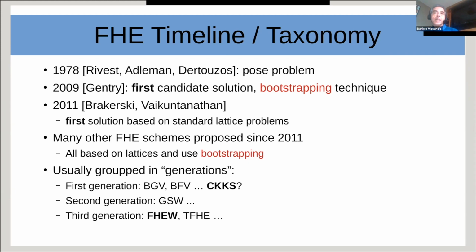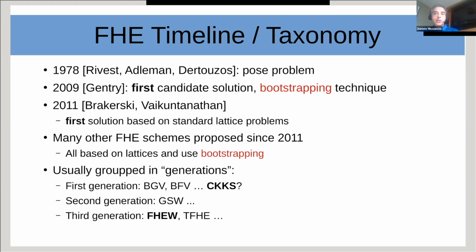And many other schemes were proposed since then, but one common feature of all the FHE schemes, or at least most of them, is that they are all based on lattices, and they make use of this bootstrapping technique originally introduced in 2009. Now, these schemes are often grouped into categories or generations, and there are different ways to do this, but one way which I think is conceptually useful is to group the schemes based on how they perform multiplication.